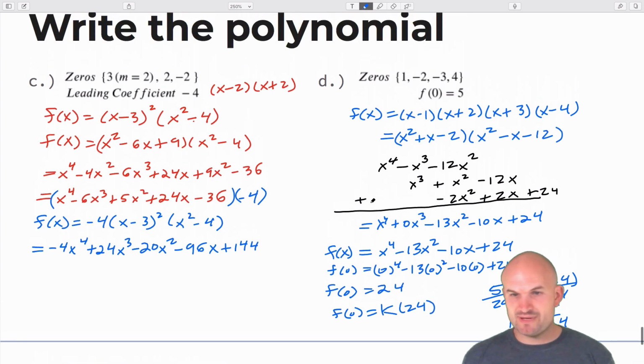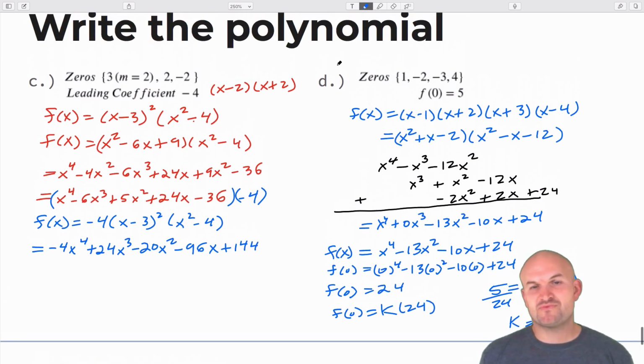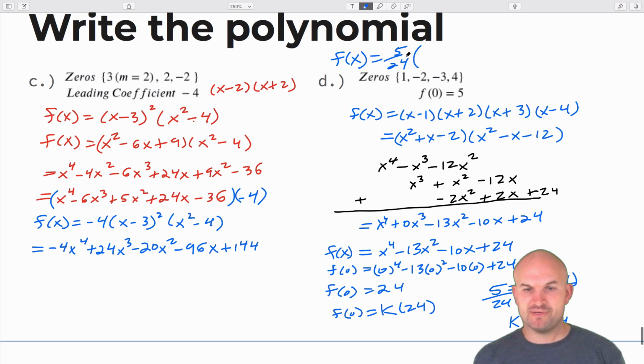I'm not going to want to multiply that out times everything, so I'll just write it in the front. F of x equals the scalar 5/24 times the polynomial x to the 4th minus 13x squared minus 10x plus 24.